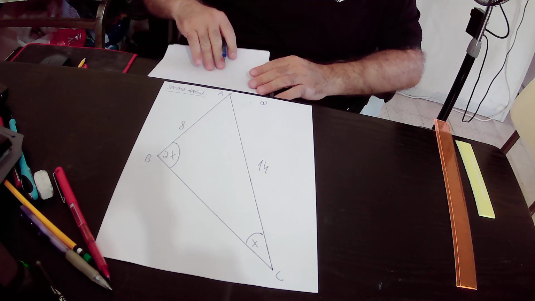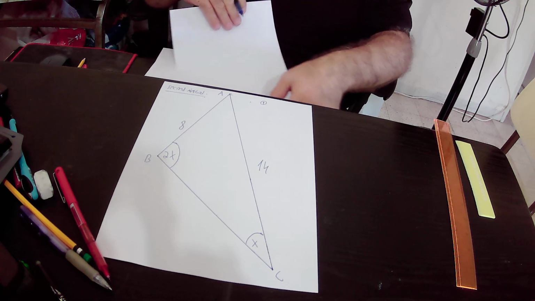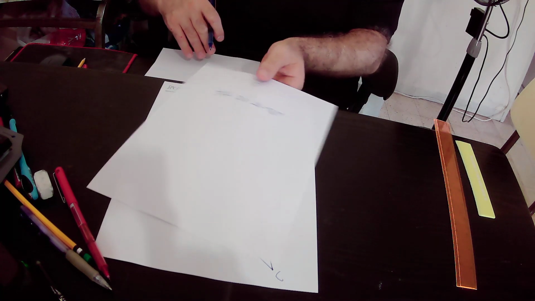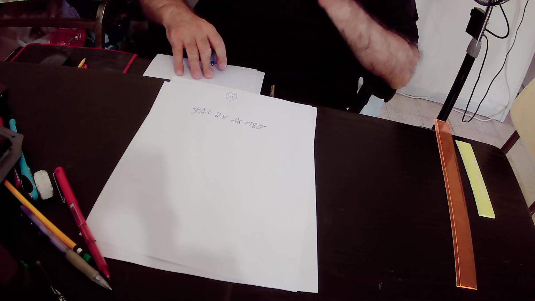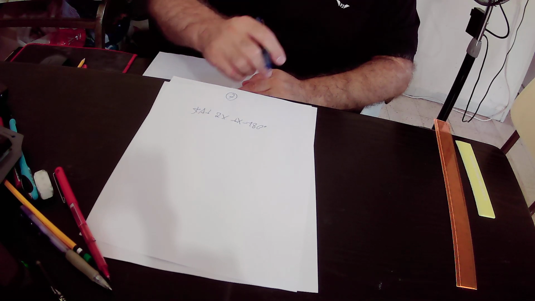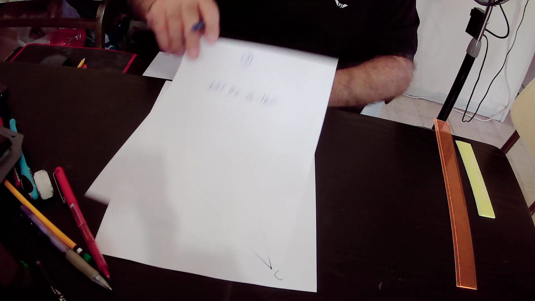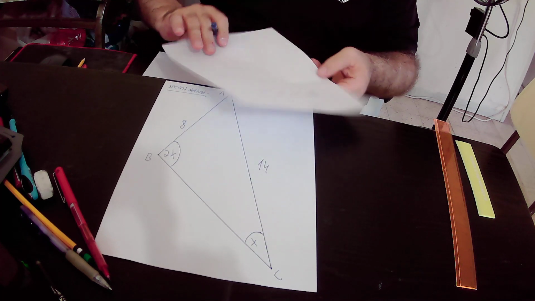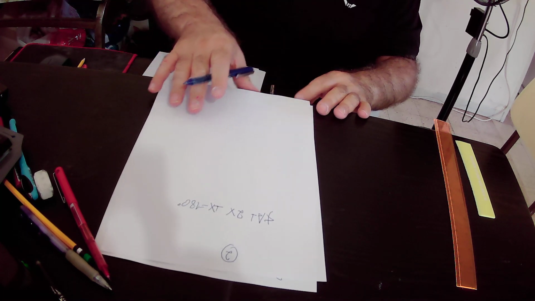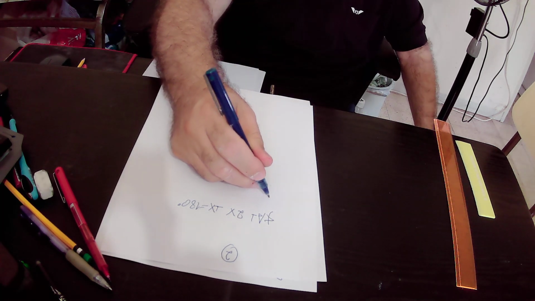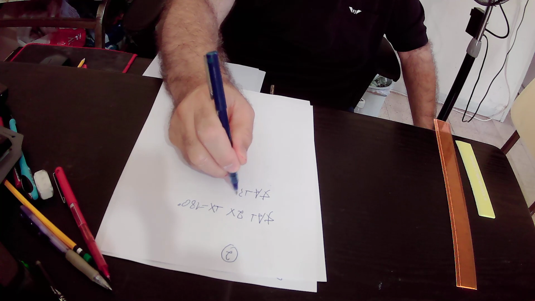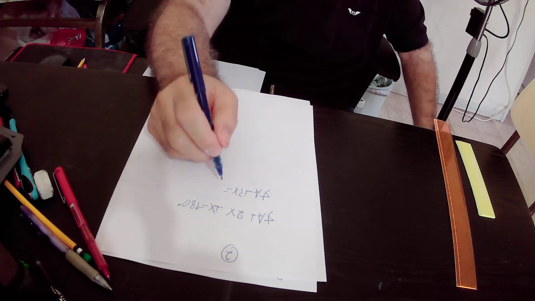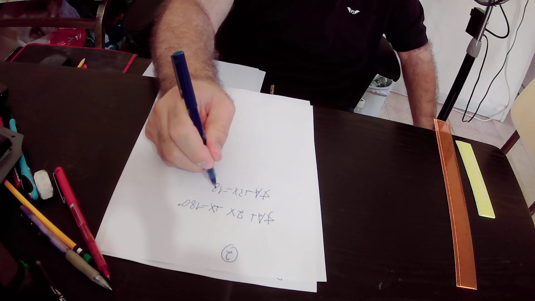Okay, so we got this equality that states that angle A plus 2x plus x equals 180 degrees. So 2x plus x is 3x. So we'll get that angle A plus 3x equals 180 degrees.